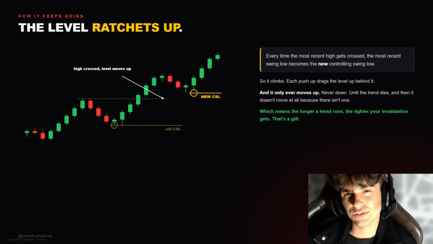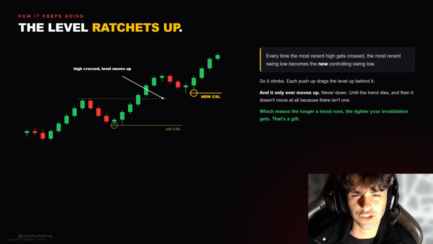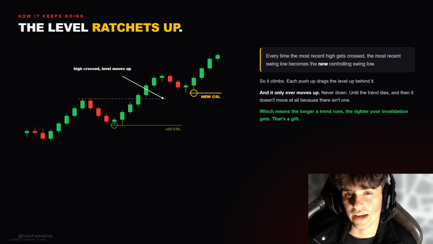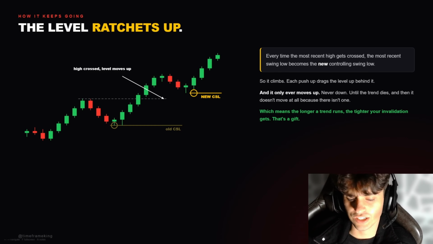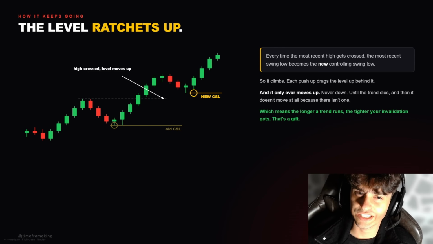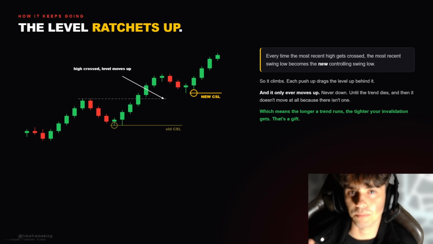And it's a gift in a way, because the longer this trend runs, the longer it's going to take for your invalidation to come, and you're only risking as the move goes on. Whenever the move stops, the uptrend stops, you are done because the uptrend got terminated. So you are essentially risking less and only when you have certain parameters.